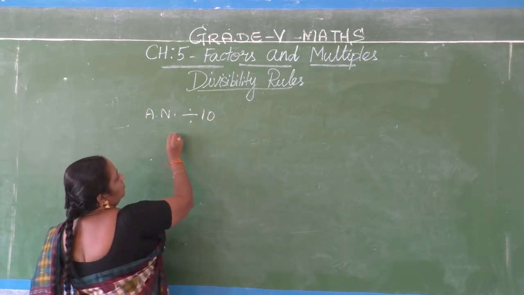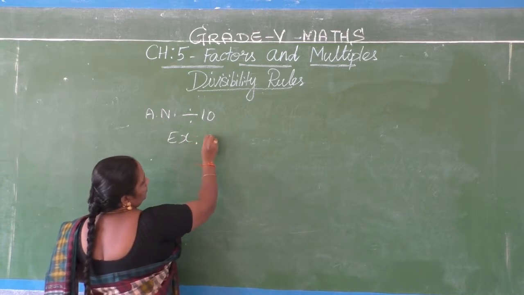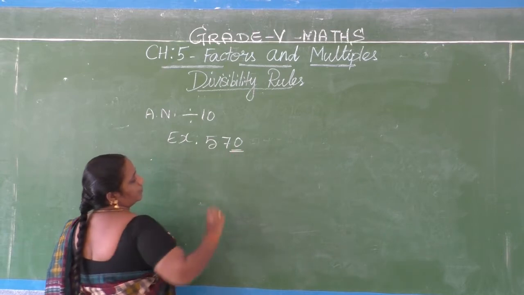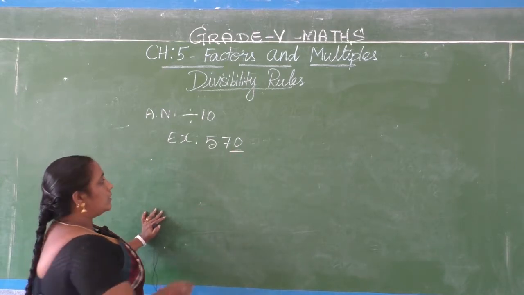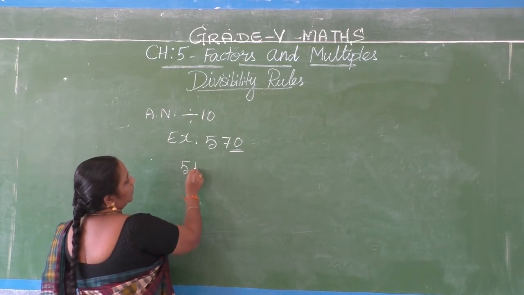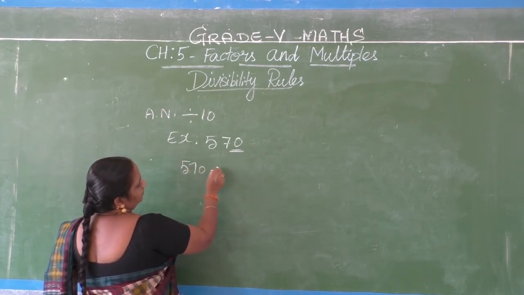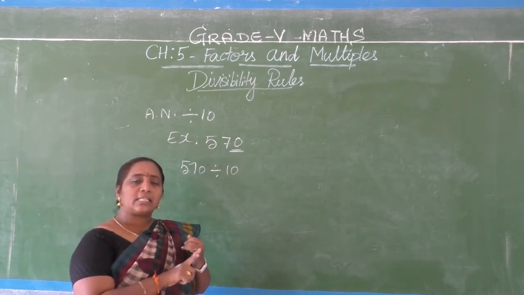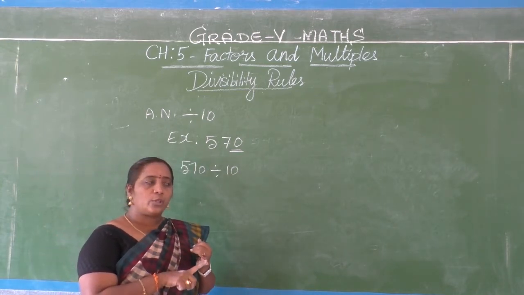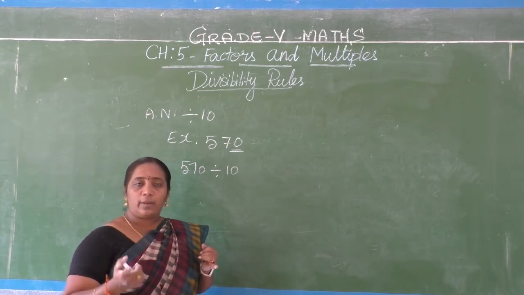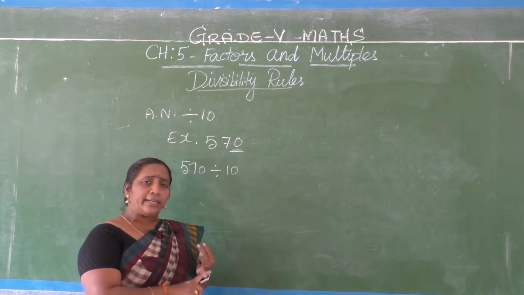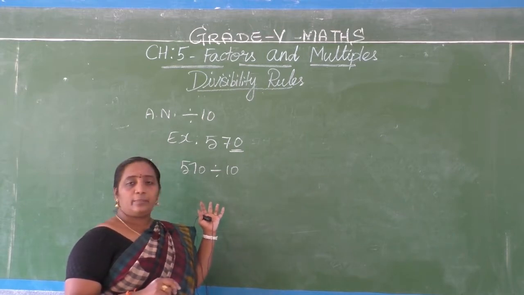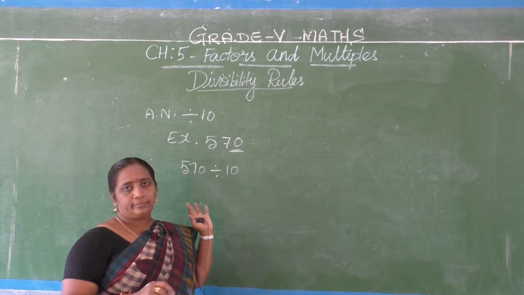For example, see, in the ones place you have 0. That means this whole number will be divisible by 10. It's very easy, no? For 5, you have to check the ones place. If you have 5 or 0, the whole number will be divisible by 5. For 10, in the ones place, if you have 0, the whole number will be divisible by 10.